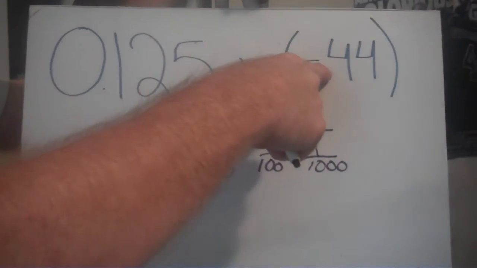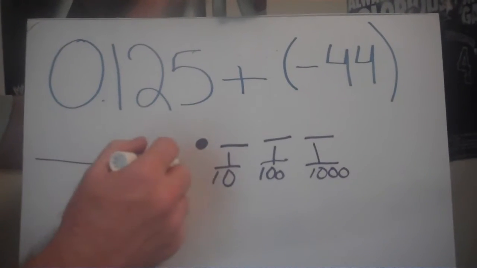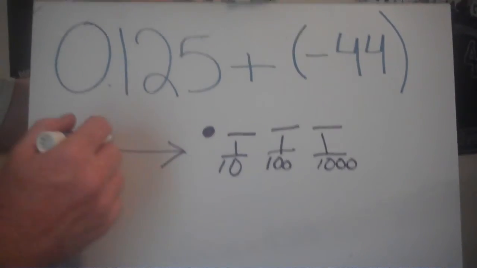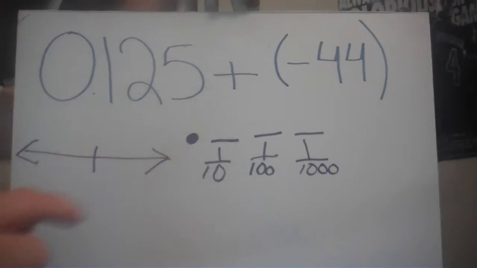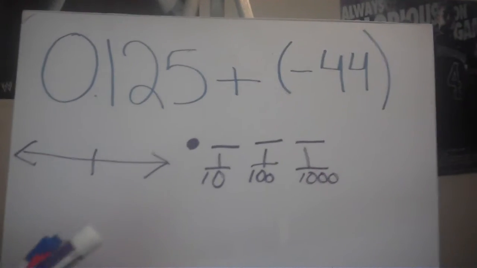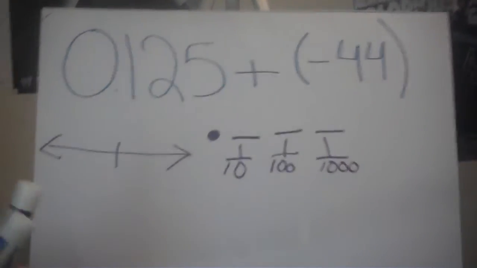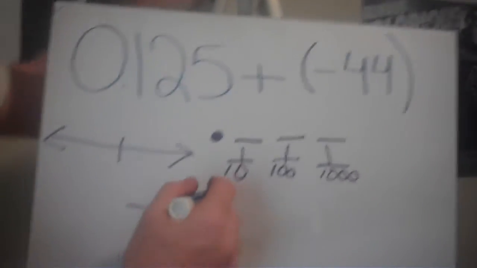Now we have a negative number. Negative numbers are always smaller. Remember our number line. Anything to the left is smaller. But what we want to do is we want to start off with writing the negative integer first. So I'm going to make that negative 44.